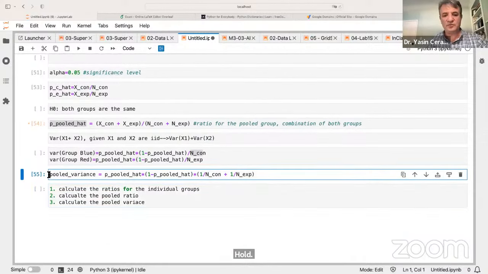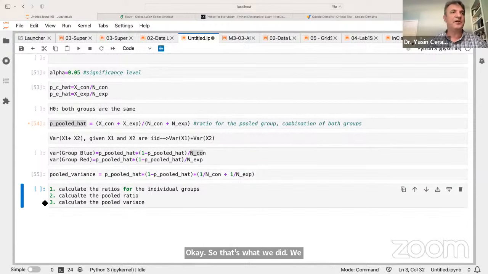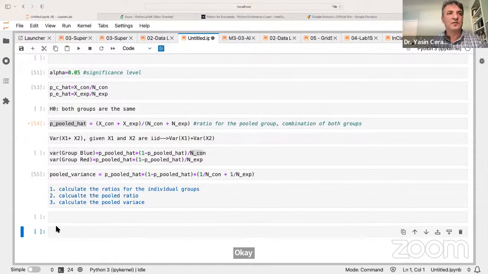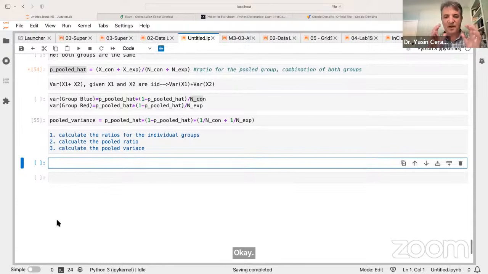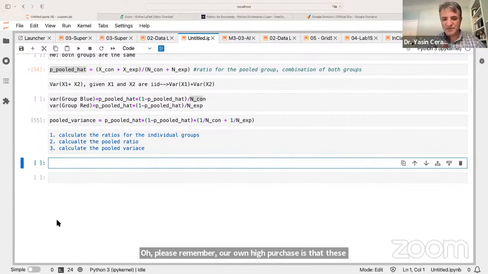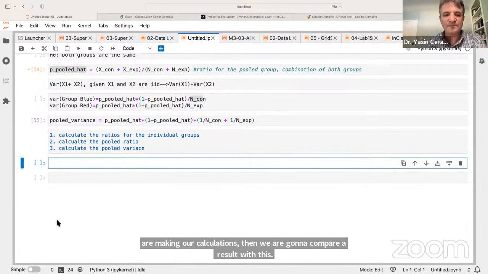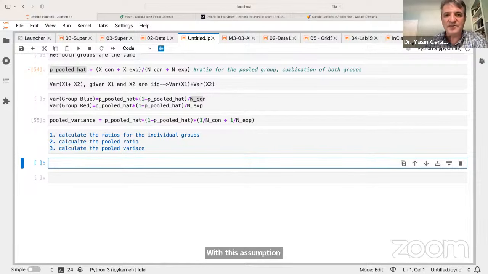This is the third step. Now, please remember, our null hypothesis is that these two groups are the same. Given this assumption, we are making our calculations. Then we are going to compare our result with this assumption. Are you guys with me? No questions.